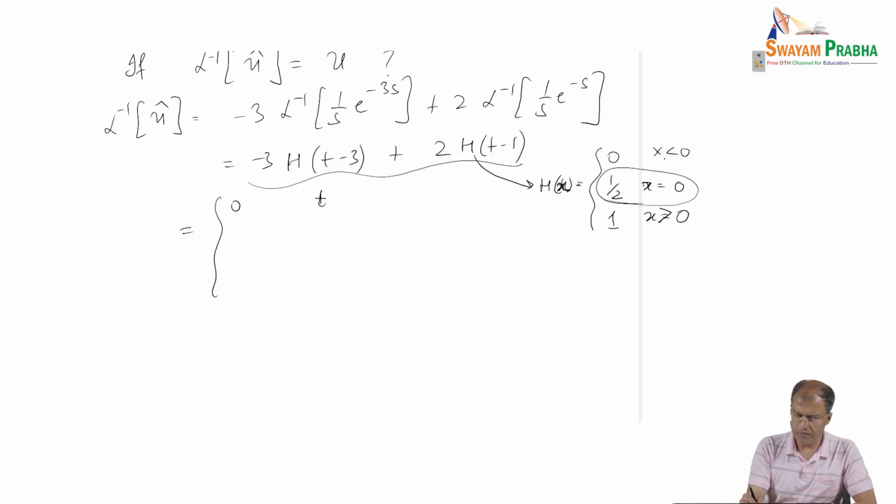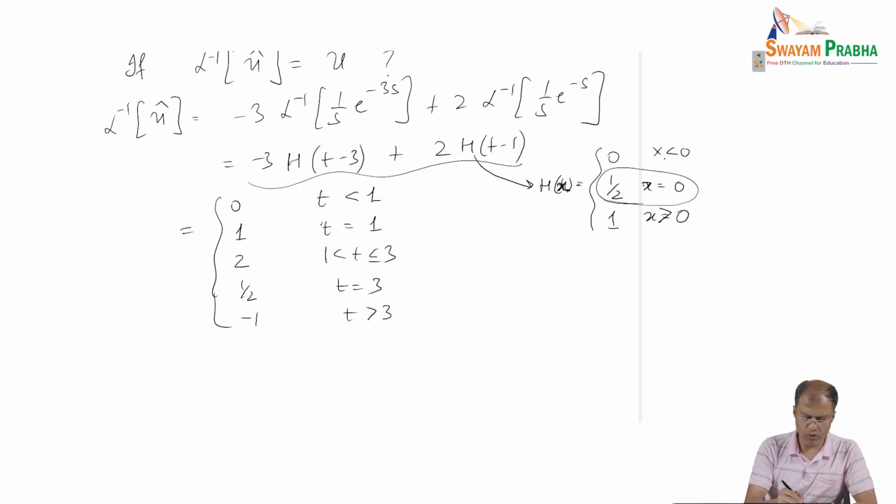If we expand using this definition of the Heaviside function, then this L inverse comes out to be 0 if t is less than 1, 1 if t is equal to 1, 2 if t is between 1 and 3, half if t is equal to 3, and finally minus 1 if t is greater than 3.